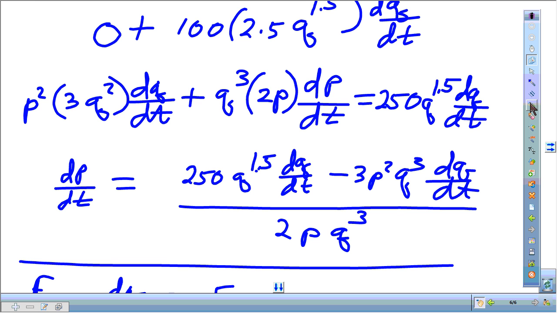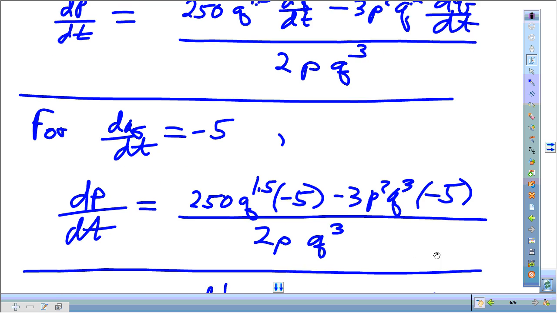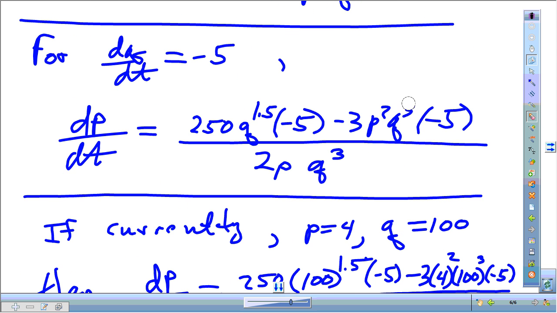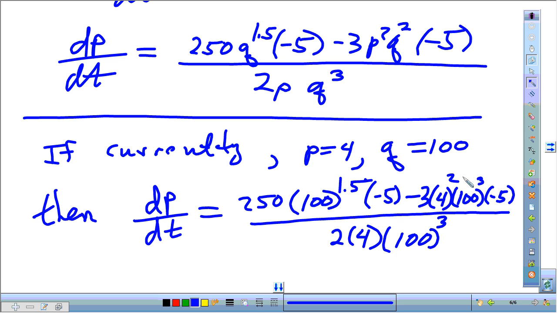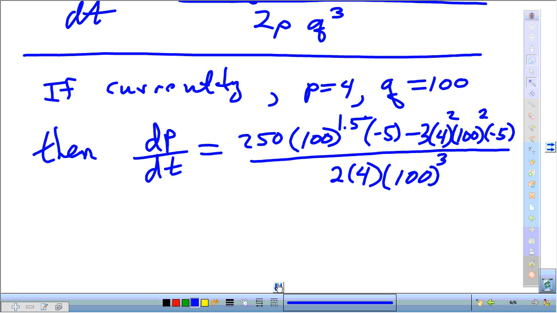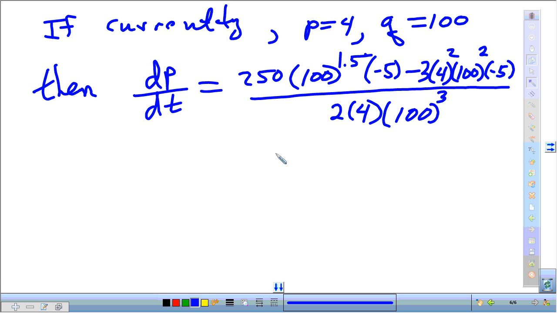And I noticed this below, one of the exponents, this would be P squared Q squared somewhere, not P squared Q cubed. Okay. So we get a change in the price.